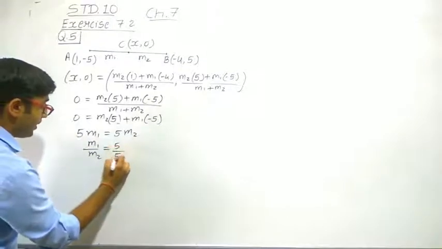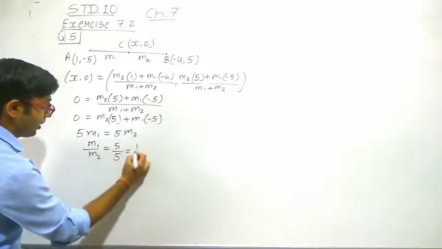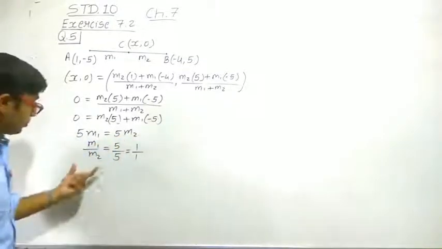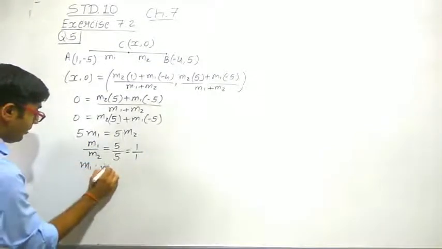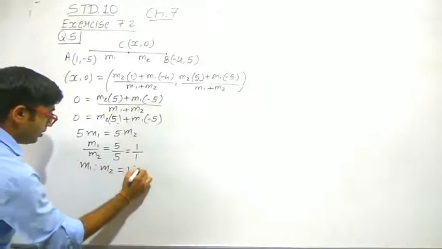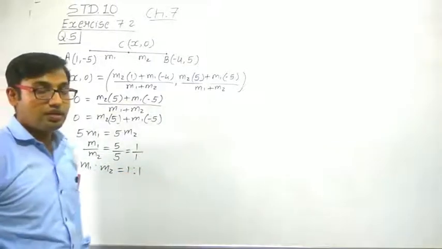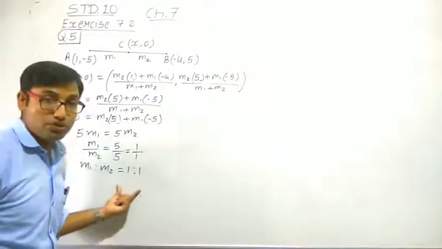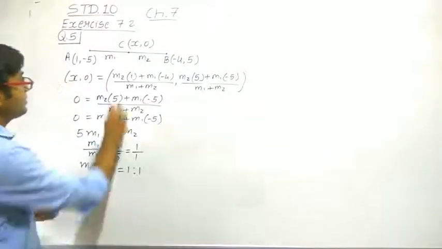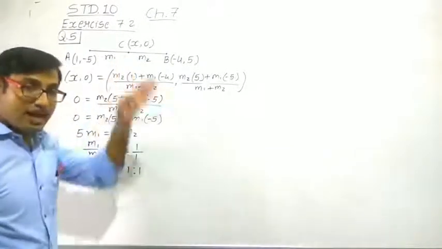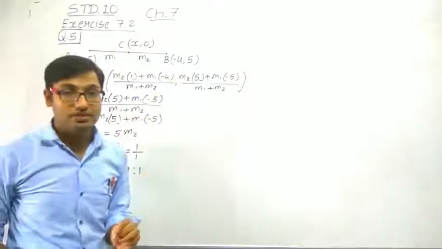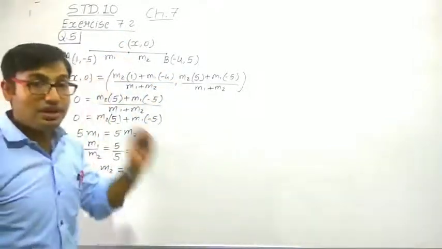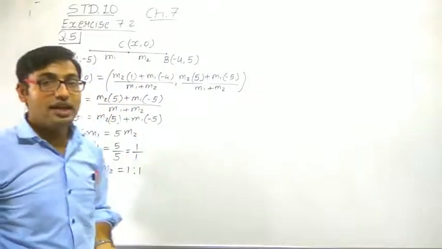So 5 upon 5 is equal to 1. So the ratio here we get, m1 is to m2 is equal to 1 is to 1. What is the meaning of the ratio 1 is to 1? That means this point C that lies on the x-axis divides the line segment AB into two equal parts. We can say that this point is the midpoint of line segment AB.